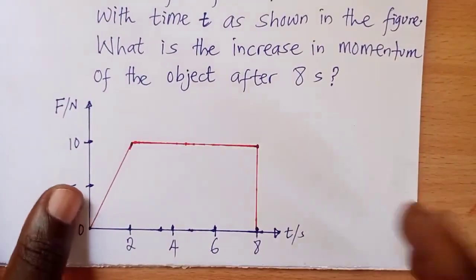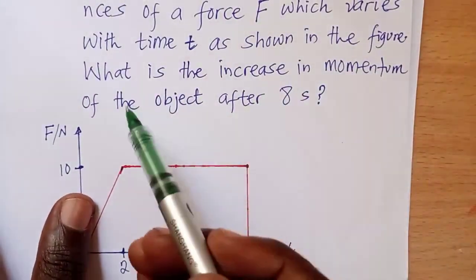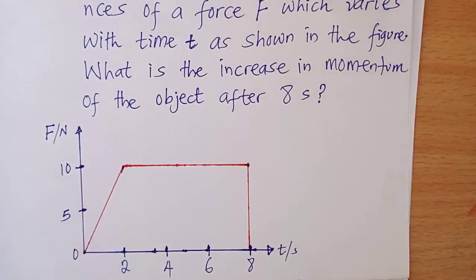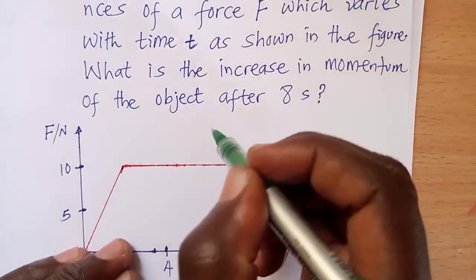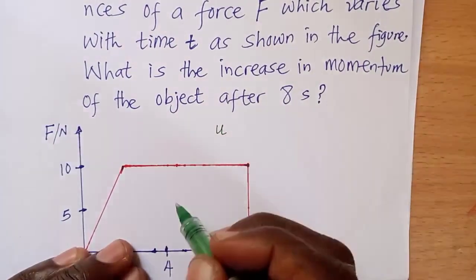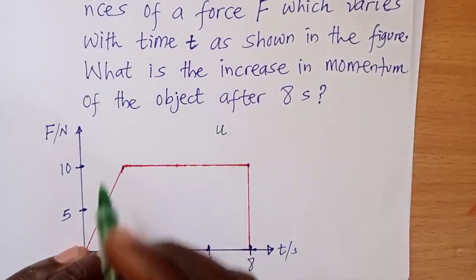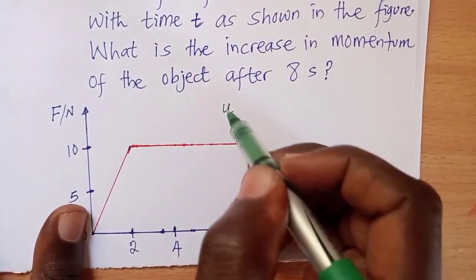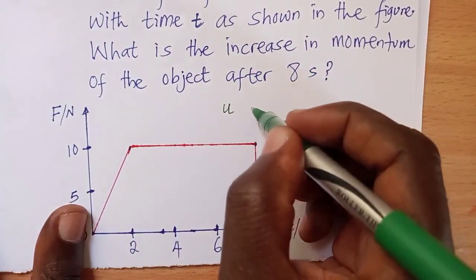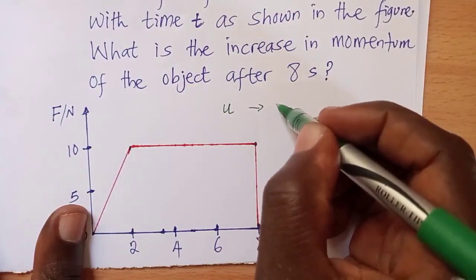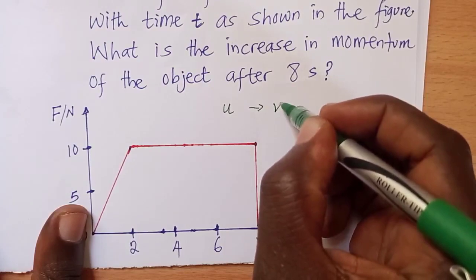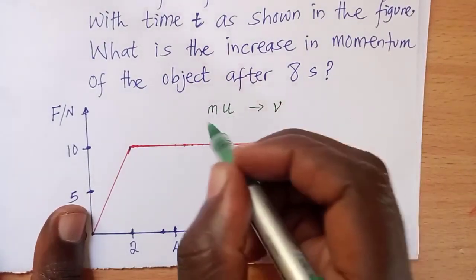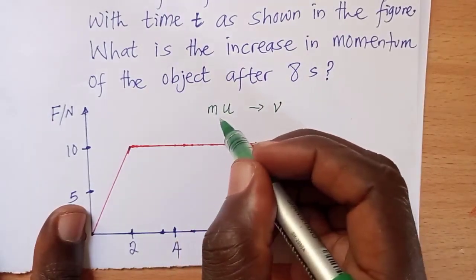Okay, what is the question? They said, what is the increase in momentum of the object after 8 seconds? Now, we have to remember that initially the object was moving with a velocity u, for example, and then because this force acts on the object with velocity u and mass m, it changes this u to a new value, which is v. So if we multiply u by m, we get the initial momentum of the body.